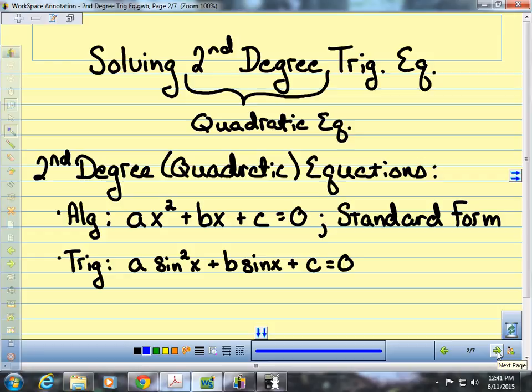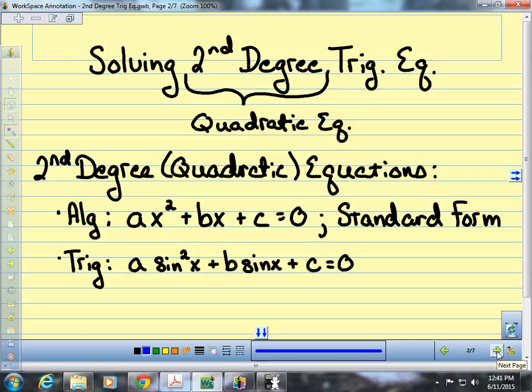And we call that what form? Standard form. ax squared plus bx plus c equals 0 is a standard form second degree quadratic equation. Okay? Well, now instead of having x, we're going to have what though? A trig function. We're going to have a trig function. So a trig function squared plus b same trig function but not squared plus a constant equals 0.